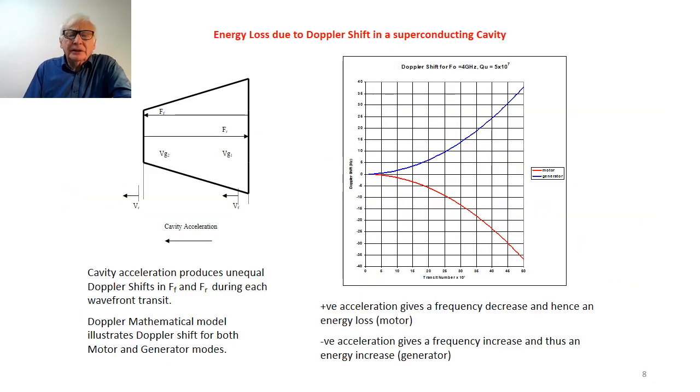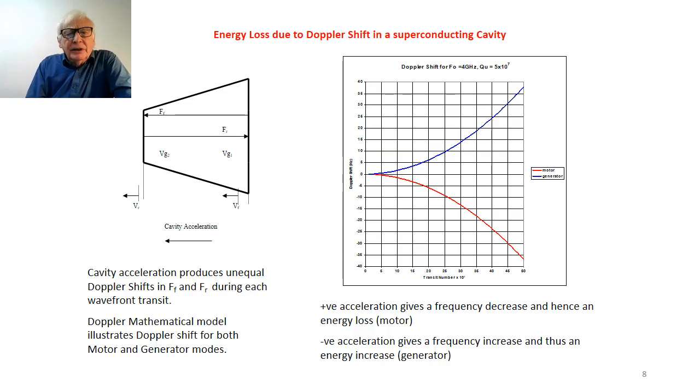So now we look at another energy loss mechanism in an EmDrive cavity, which is due to the Doppler shift which you get in a very high Q superconducting cavity. If you look at the diagram, you can see that we're accelerating in the correct direction, that is large end to small end going to the left.